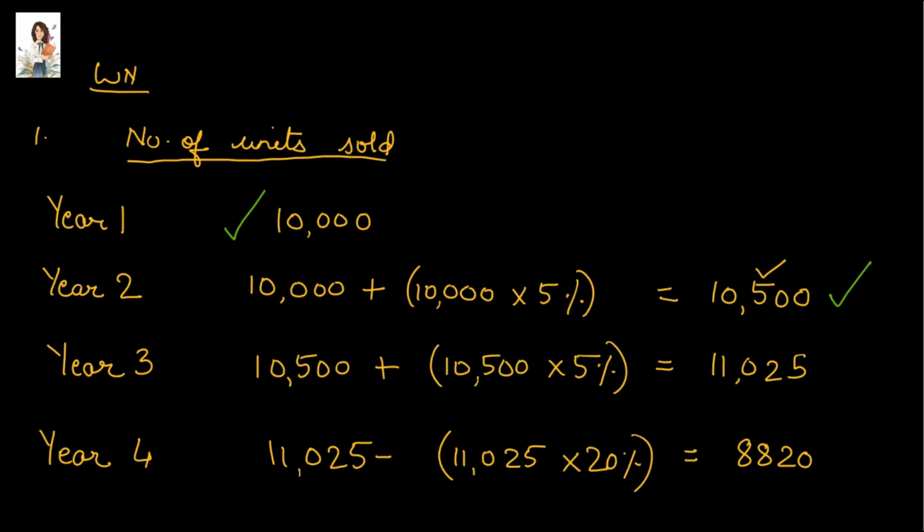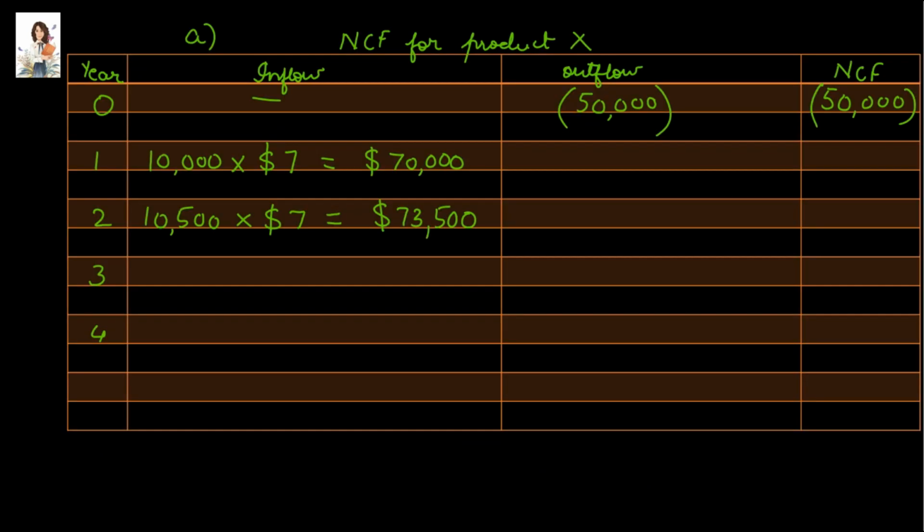73,500. As per our working note, number of units expected to be sold in year 3 is 11,025, and we already know that the selling price is $7 per unit. We'll record this in our main answer. 11,025 units multiplied by $7 per unit, $77,175.